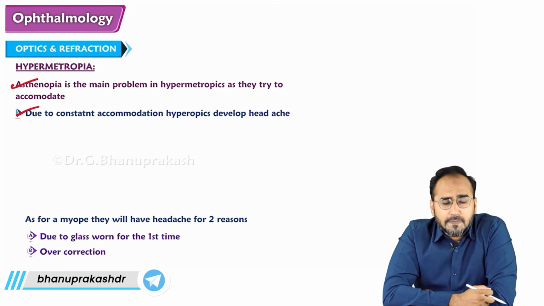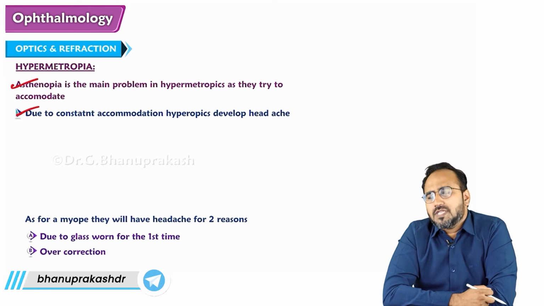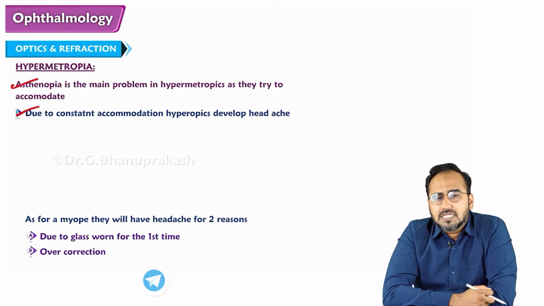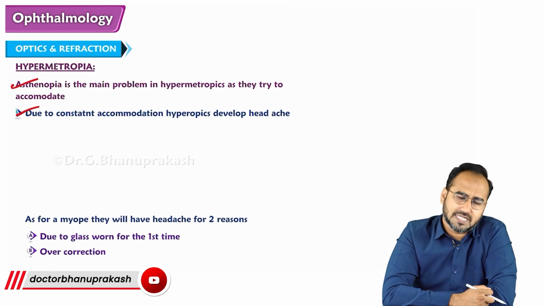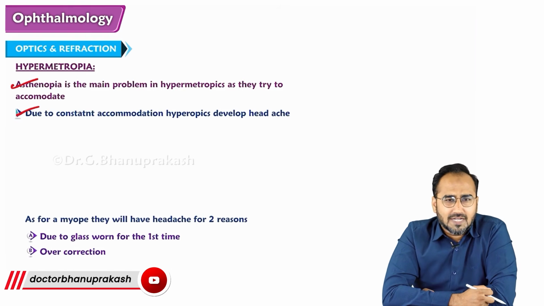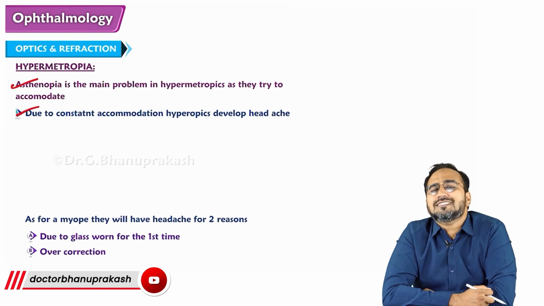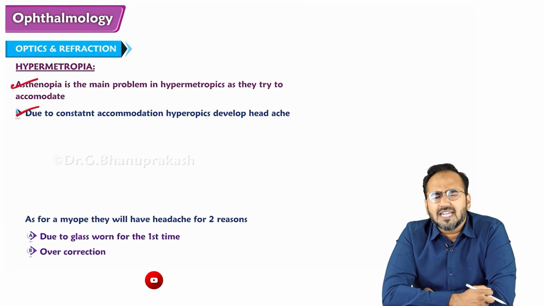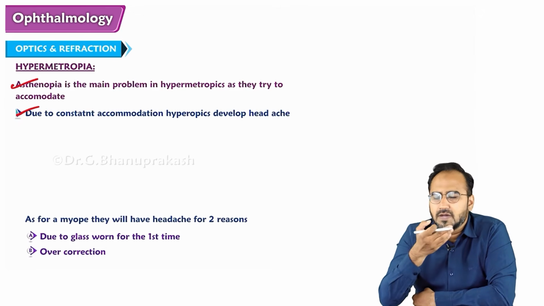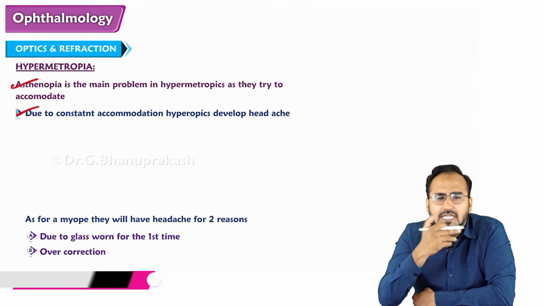But before making the patient sit in front of the chart, we first give some relief to the ciliary muscles. We put tropicamide solution so that his ciliary muscles are relaxed, so that we can exactly calculate the power of the lens.